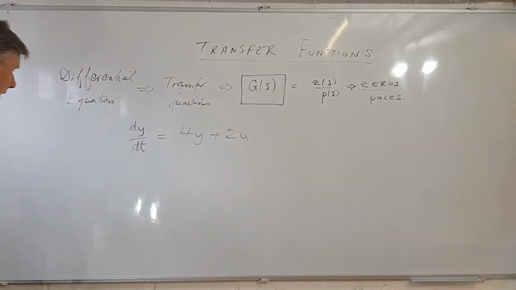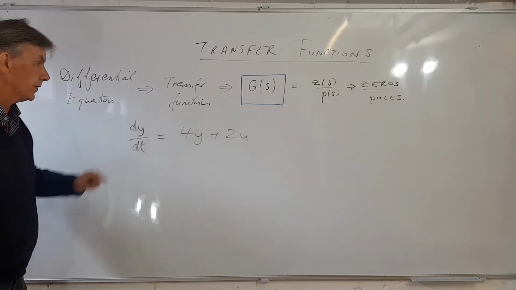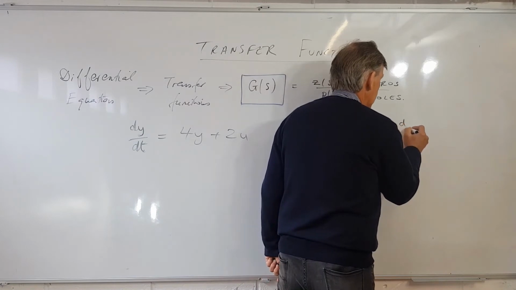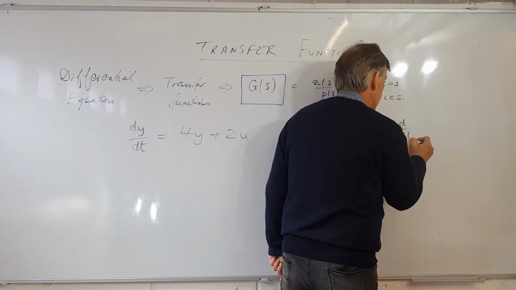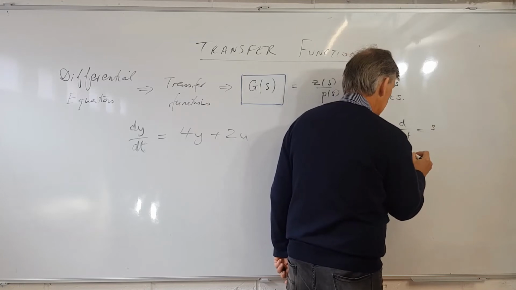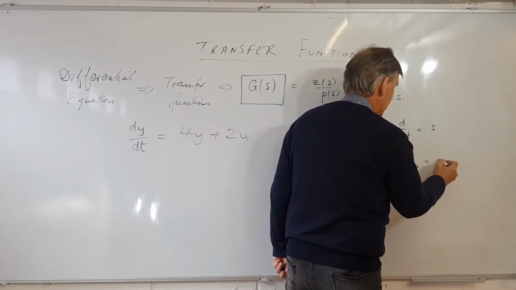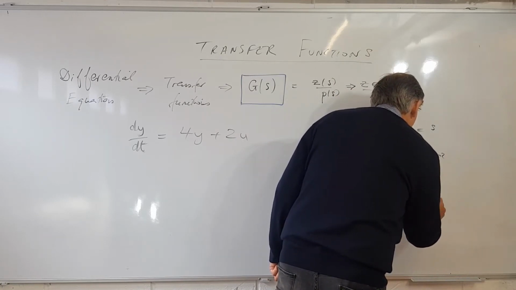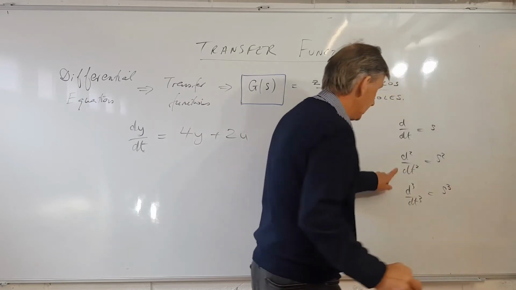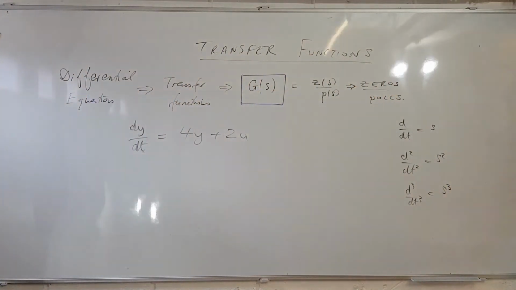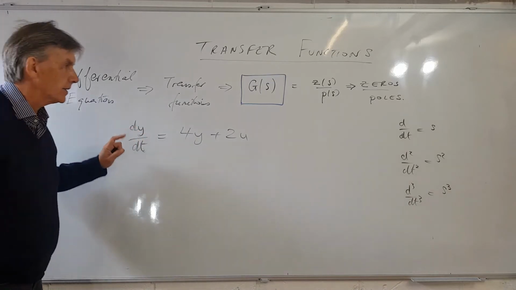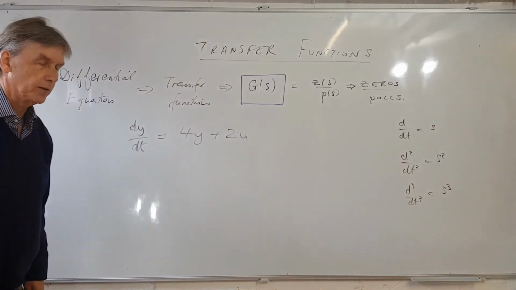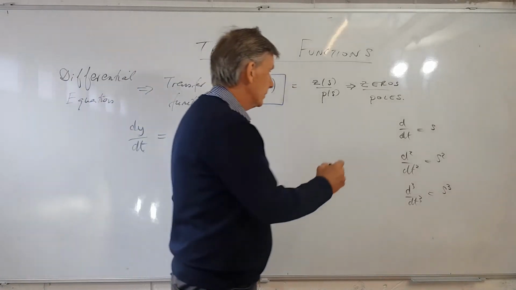The main thinking in going from differential equations to transfer functions is that we have the following little tricks up our sleeve: d by dt is represented as s, d2 by dt squared is s squared, and d3 by dt cubed is s cubed. We could go on indefinitely, but what we do is convert differential equations into polynomials through these transformations. These transformations came from some chap called Laplace.